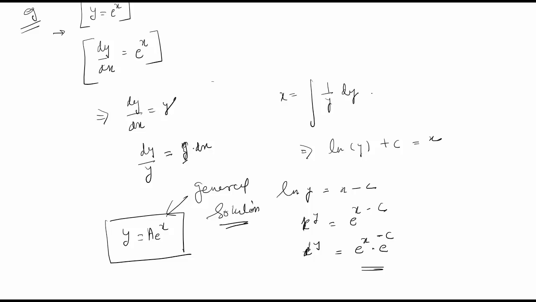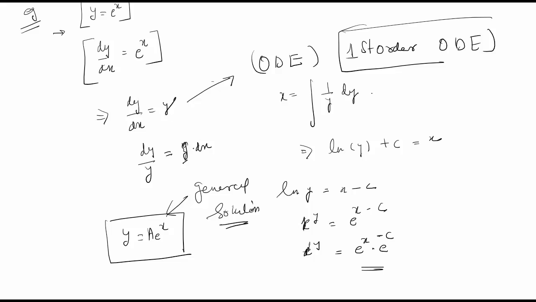So this is my ordinary differential equation, and this is my first order ordinary differential equation. And what I have got by solving this is the method of solving an ordinary differential equation. This is an ordinary differential equation because the unknown variable is only one here, which is y.